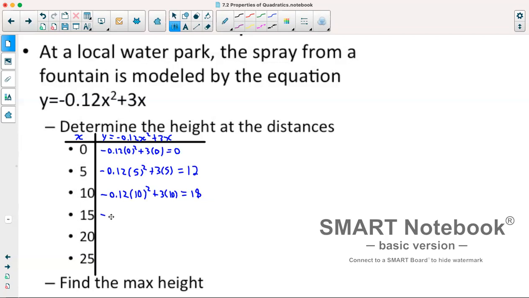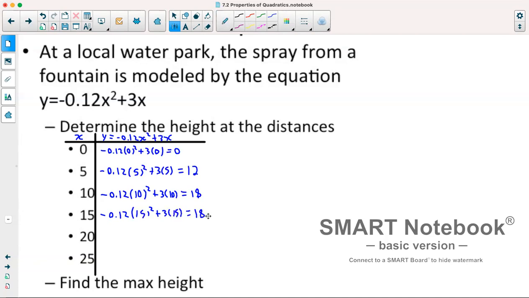Next, we have negative 0.12 times 10 squared plus 3 times 10. Oops, sorry about that. I just realized I used the same values here. This one was 15, so we needed to put 15 in instead of 10. So we've got 15 squared plus 3 times 15.